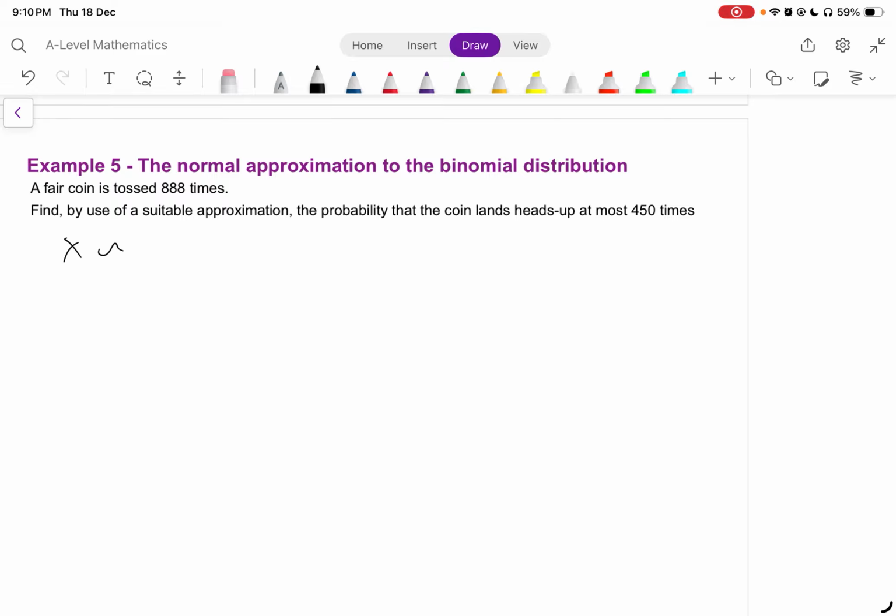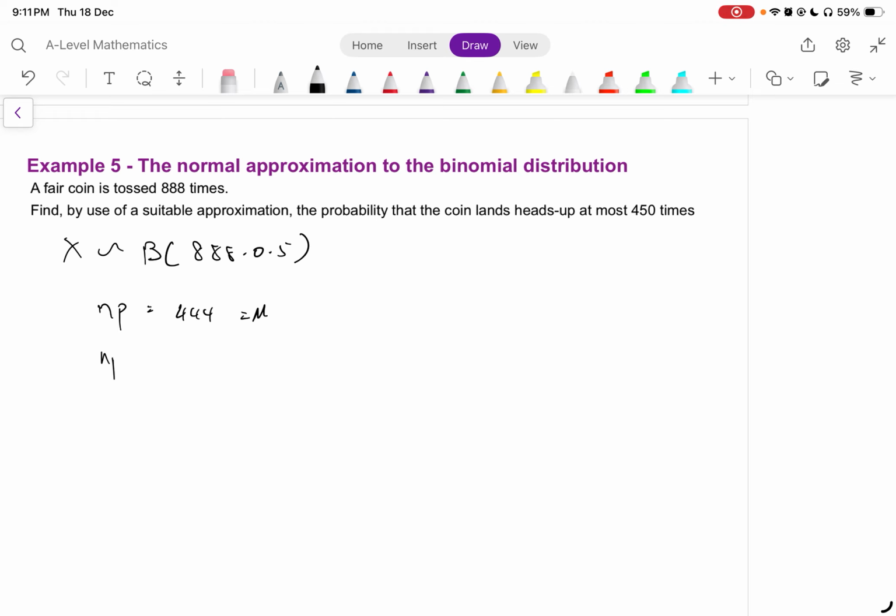So this is a binomial distribution with p equal to 0.5. So it looks like we can use the binomial distribution, right? Looks like it, but not really. We are going to use the normal distribution. So let's first look at our np. Our np is 444, which is our mu, which is bigger than 5. Good, we can go with it.